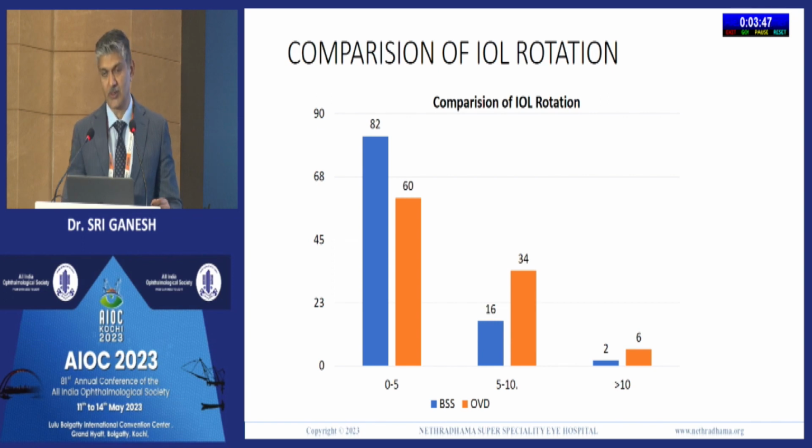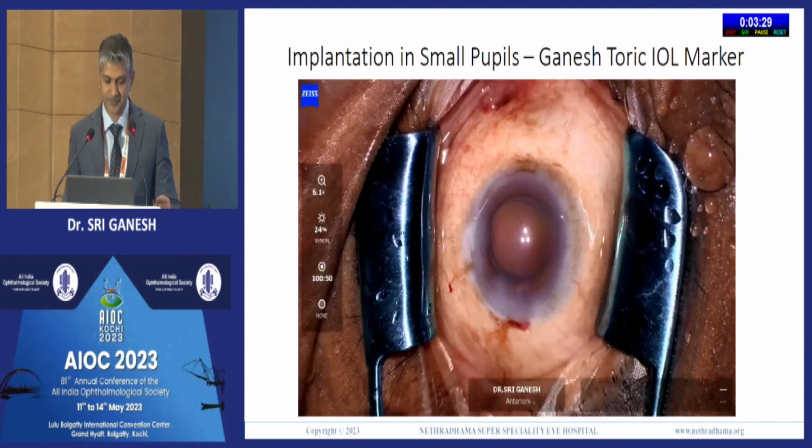When you compare it to the OVD group, the OVD group had a higher amount of rotation. So probably this is the mechanism, because the IOP goes up. Especially if you're using HPMC, you can't remove the HPMC completely. Some amount of residual HPMC can increase the IOP, open the bag and cause rotation.